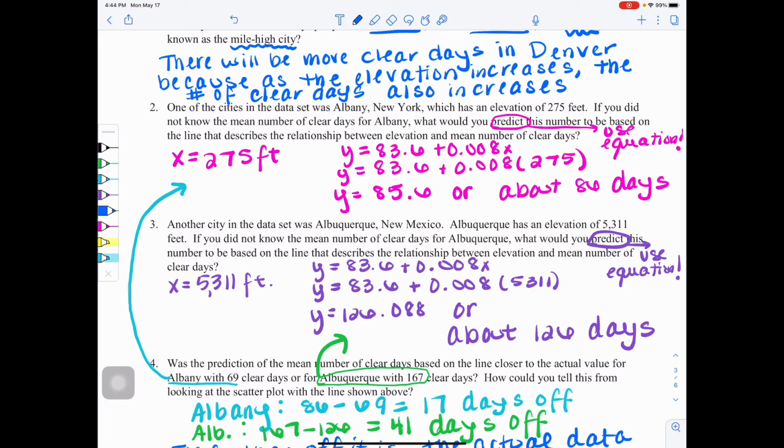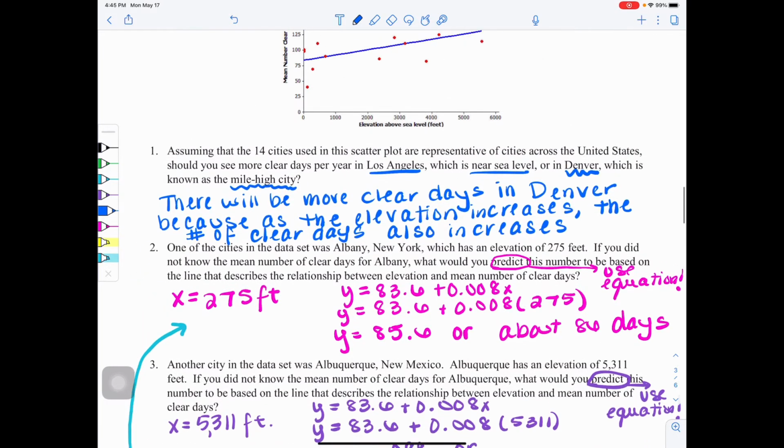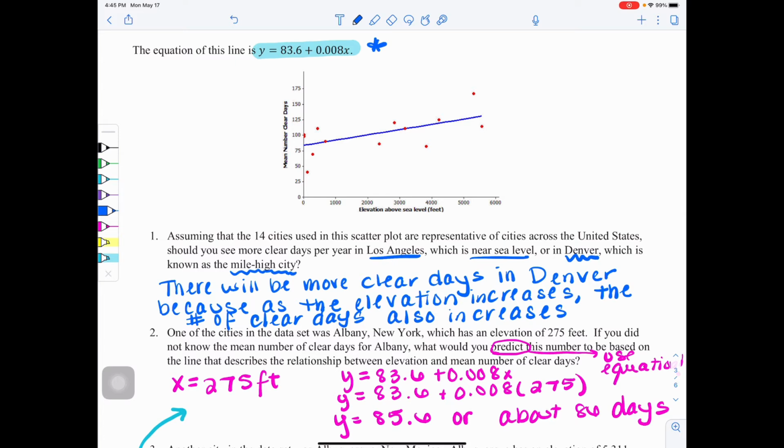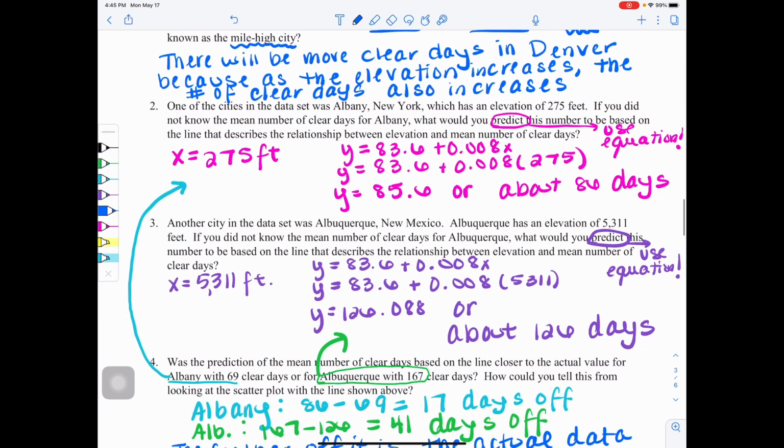So you're going to see that I circled the word predict, which means you are going to use the equation. The equation allows you to come up with a prediction. And if we have 275 feet, feet is on the x-axis, so you are going to be replacing x with 275.